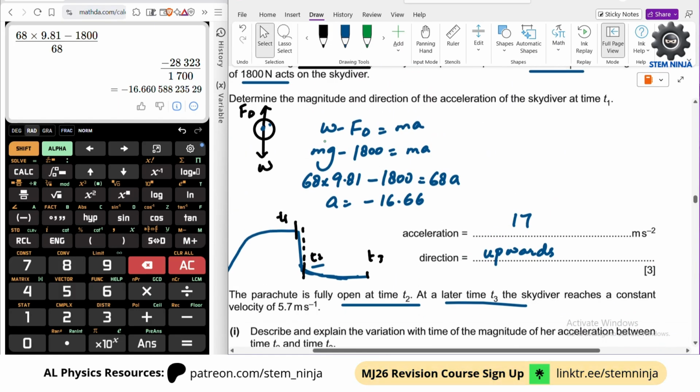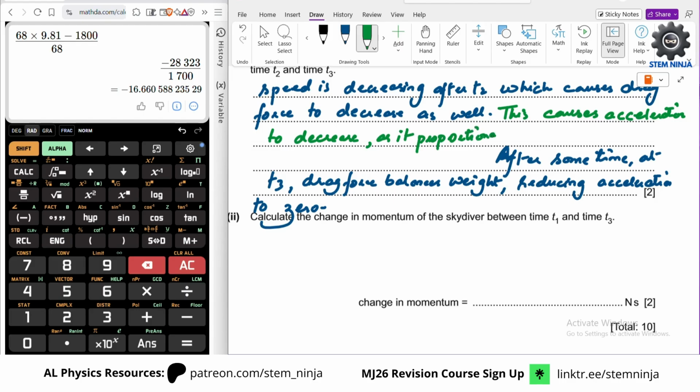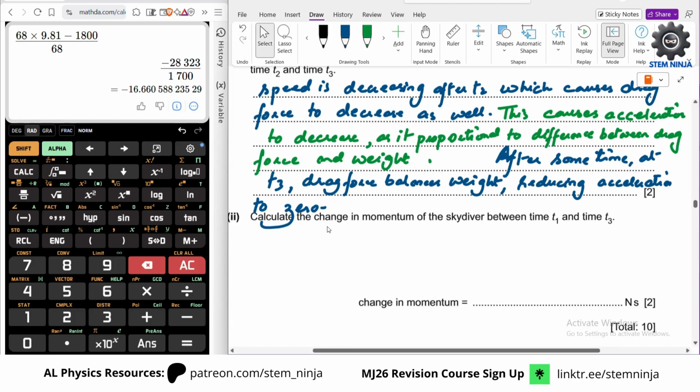Because you see, it's the difference between drag force and weight, as it depends on, or as it is proportional to the difference between drag force and weight. Right. After some time at T3, drag force balances weight, reducing acceleration to 0.